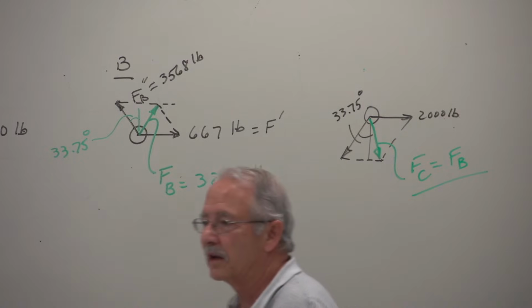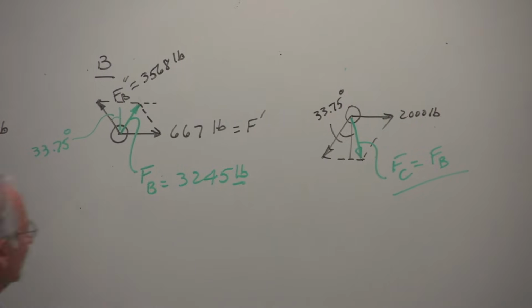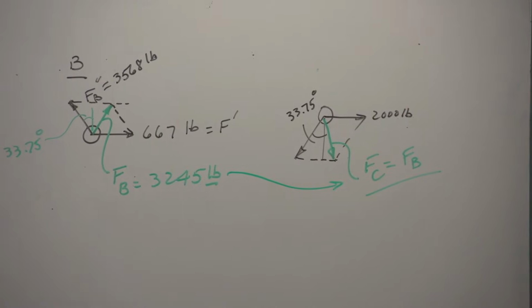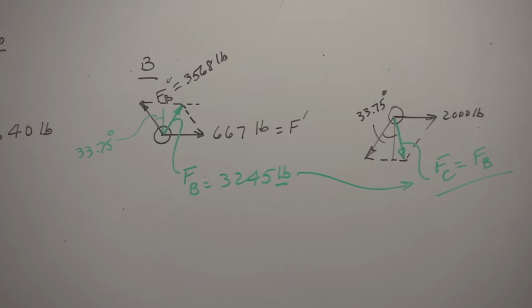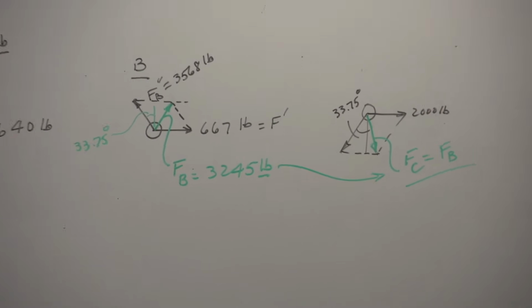And of course, you find that the two are equal. So FC is equal to FB, 3,245 pounds.